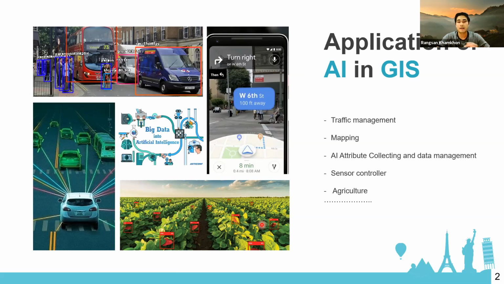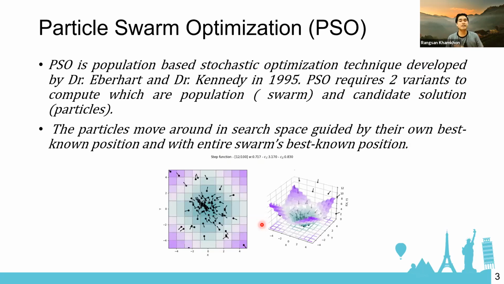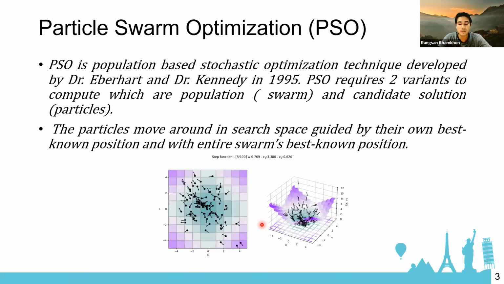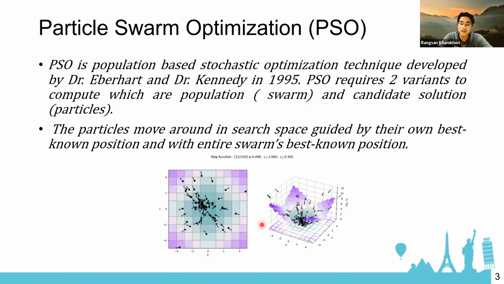Okay. Next. In this case, there are two AI algorithms to optimize the bus stop location. The first one, particle swarm optimization or PSO, is a population-based stochastic optimization technique developed by Dr. Eberhart and Dr. Kennedy in 1995.